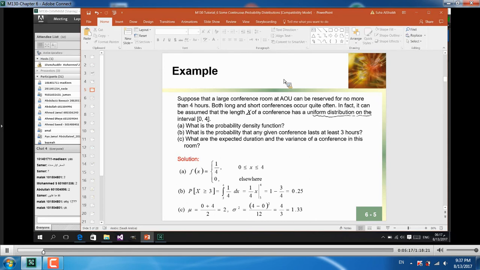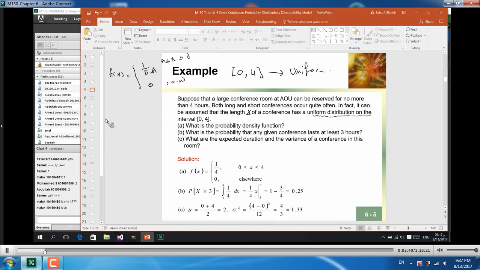So my interval here is 0 to 4 and my distribution is uniform. So I know all the forms that I have. I know that my f of x is nothing but 1 over b minus a for the x between a and b, and it is 0 otherwise.